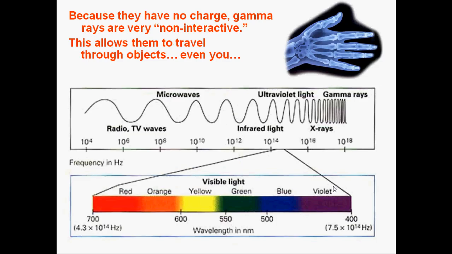Now, the reason that gamma rays are so able to penetrate through things is because they don't have any charge, they don't have any mass, they're just energy. So there's not really a lot of stuff that can block them very easily. So they can travel through all sorts of things. Again, they're the highest energy on our electromagnetic spectrum.